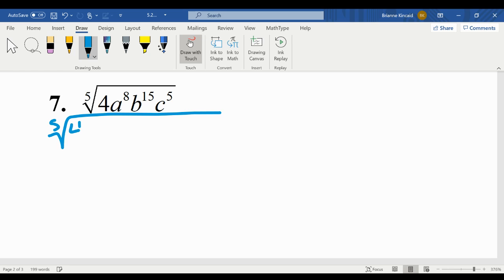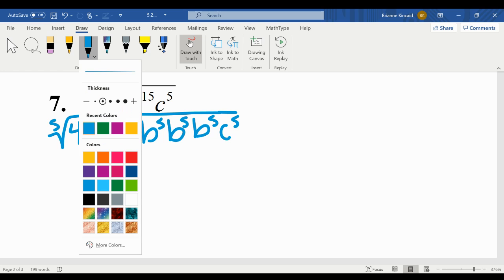So we're just going to rewrite it as 4. 5 goes into 8 once with 3 leftovers, so you have to write a cubed as well. 5 goes into 15 perfectly, and it goes in 3 times, so I get to write b to the 5th 3 times. And then if you just have c to the 5th, that gets written as well.